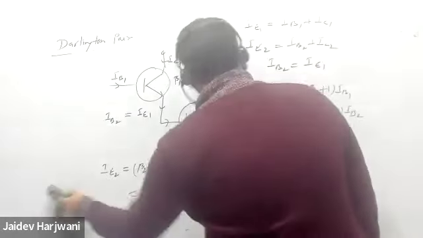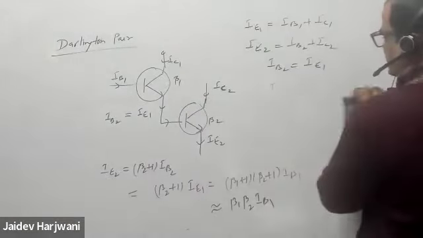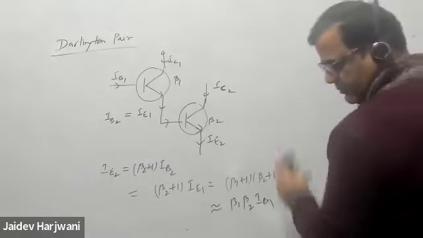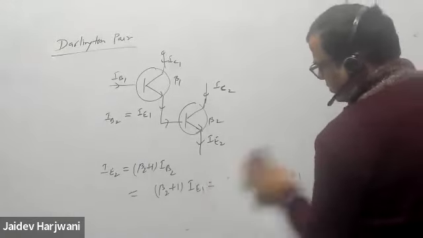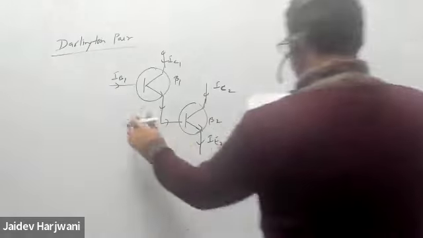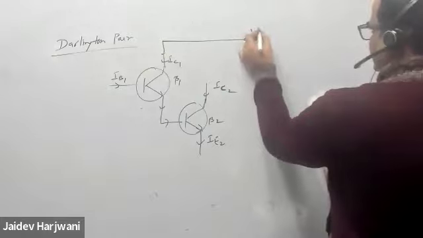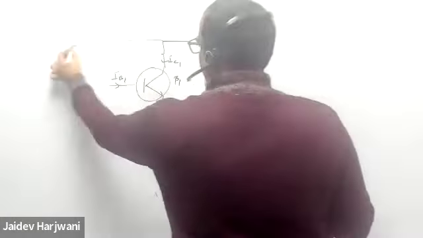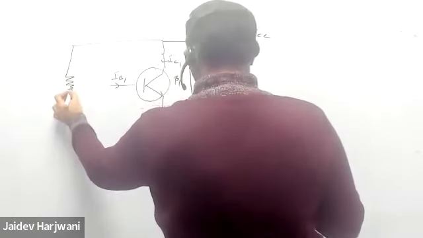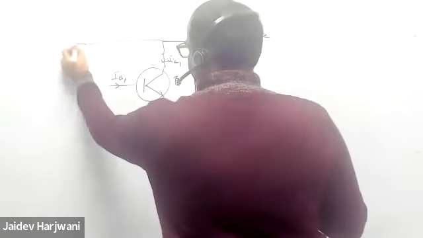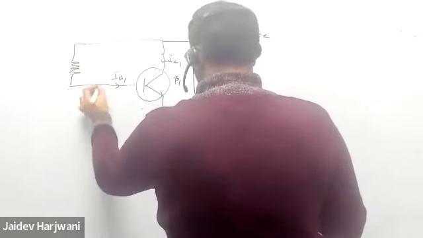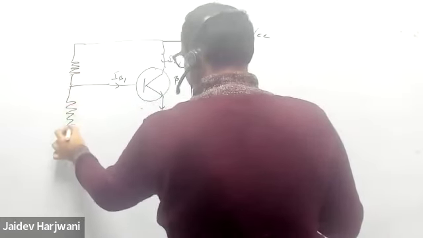So let us solve one problem. Say this circuit is connected to VCC. Okay. Here we have one resistance here, and we have one resistance here.